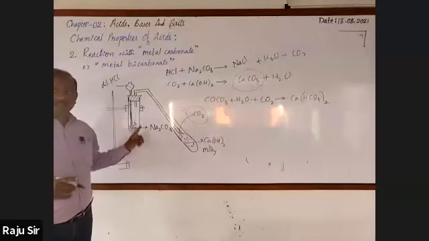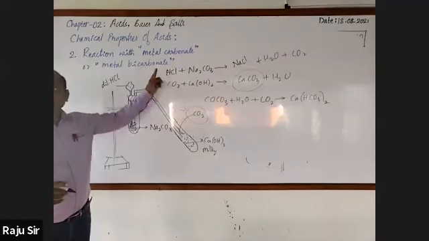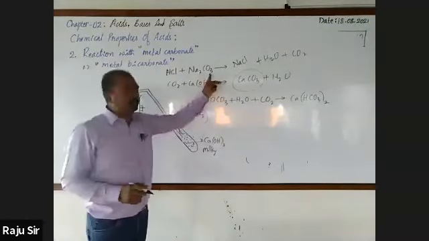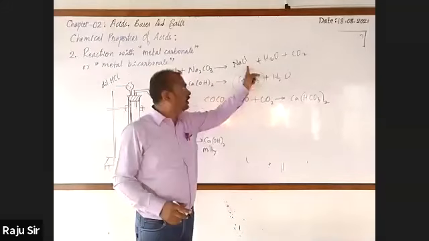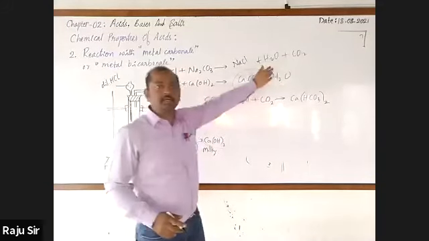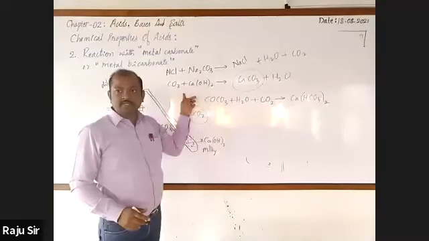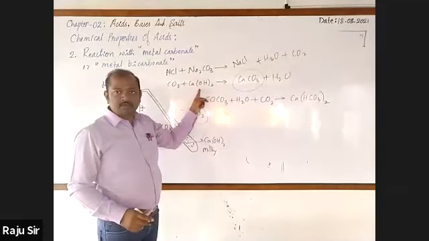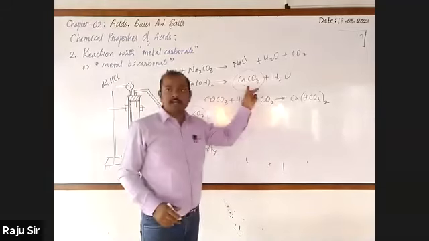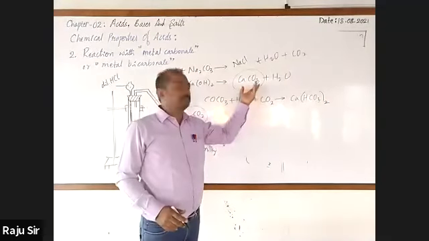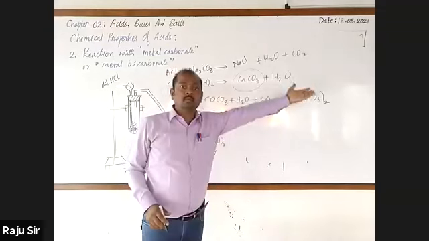Once I repeat, first is when acid reacts with the metal carbonate, it produces salt and water with the liberation of carbon dioxide. Next, when carbon dioxide is passed into the calcium hydroxide solution, it produces a precipitate called calcium carbonate, then water.